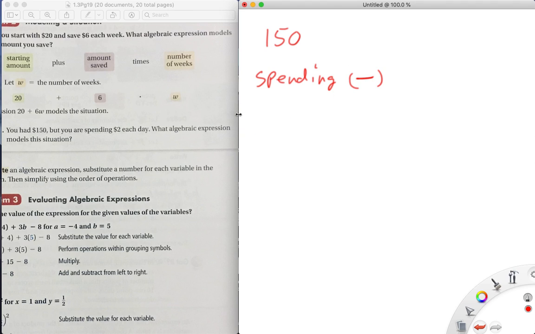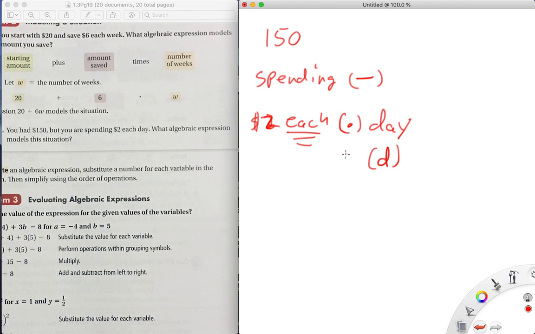And it says I'm spending $2 each. When I think of each, I think of multiplication. And what am I multiplying? I'm multiplying it each day, right? So each day. So I can put a variable d for day.